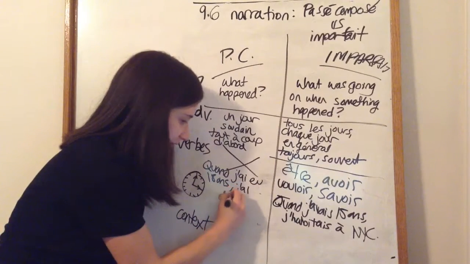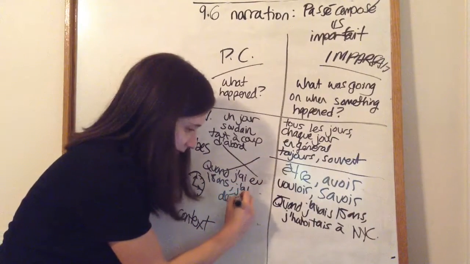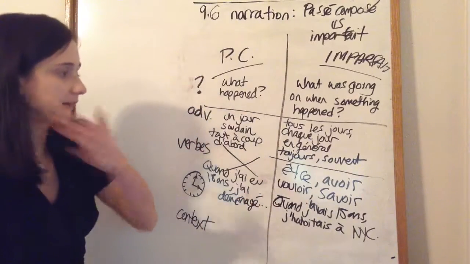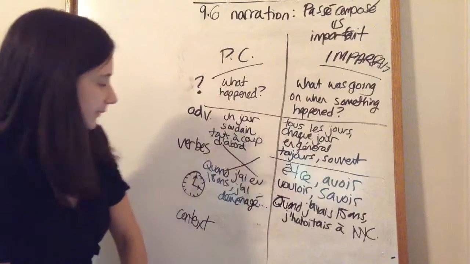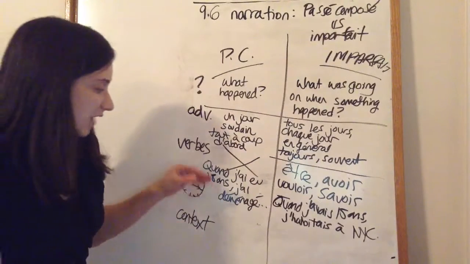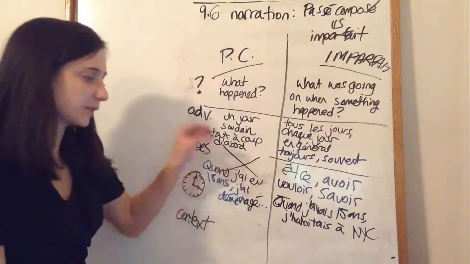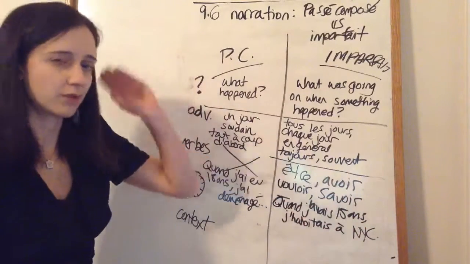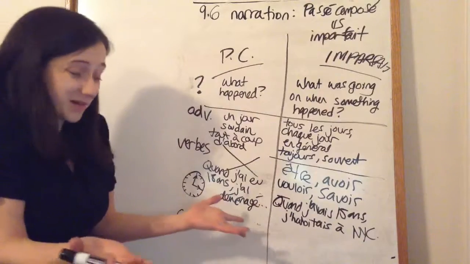J'ai déménagé. I moved to New Jersey or something, okay? So at this point in time, something changed, but here we were just describing the past in general. So you have to watch out, depending on the context.